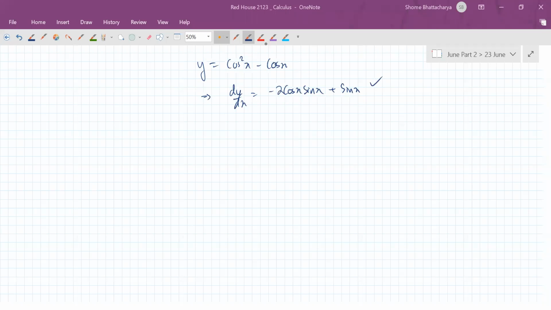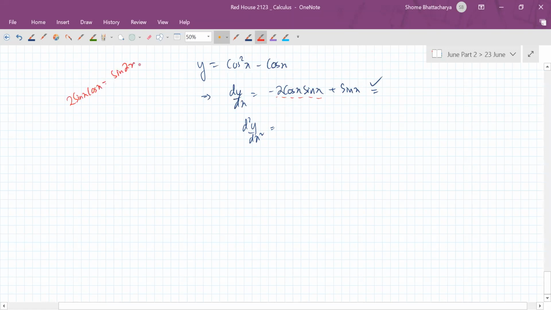Okay, now the next thing is we have to differentiate this now. Yes, so we'll apply the product rule. But see, instead of applying the product rule, you can also use the fact that this term 2 sin x cos x is sin 2x, is equivalent to that. So we can also write this as minus sin 2x plus sin x now. So for second derivative, instead of differentiating this term, we can differentiate this whole term. Understood now?